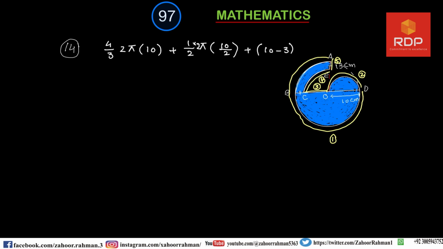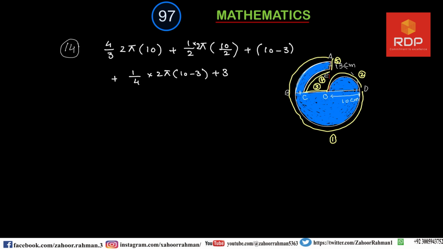And then we are turning our focus to the fourth part, and that will be equal to 1 over 4 into 2 pi into 10 minus 3. And then the final one is given to us as 3.